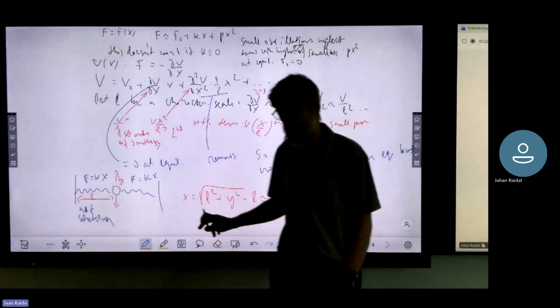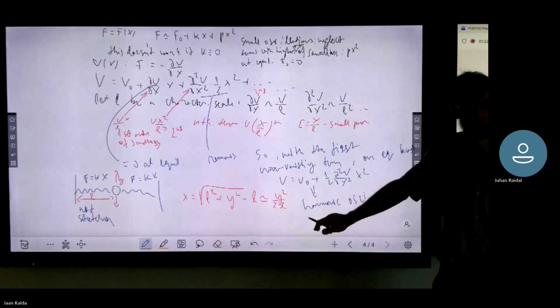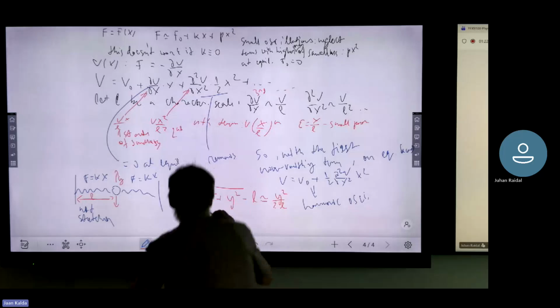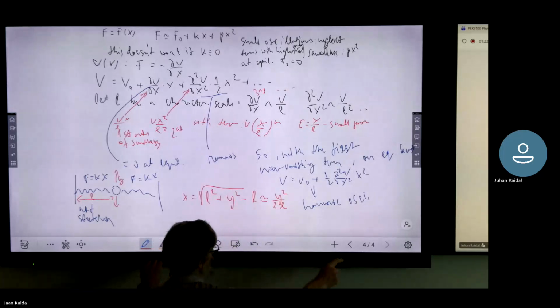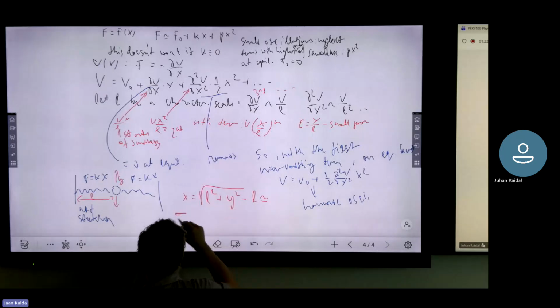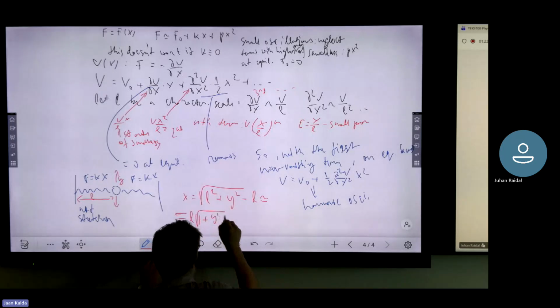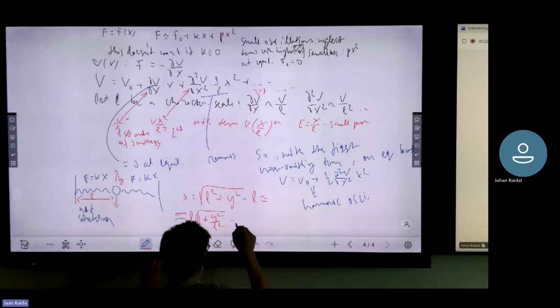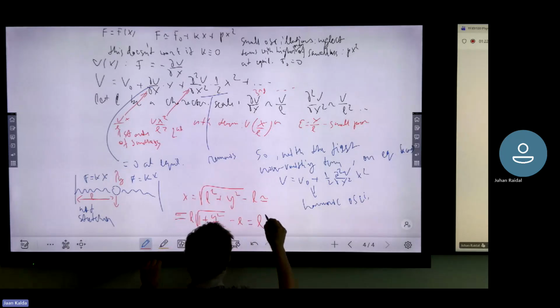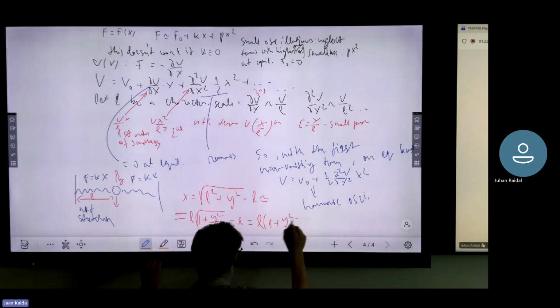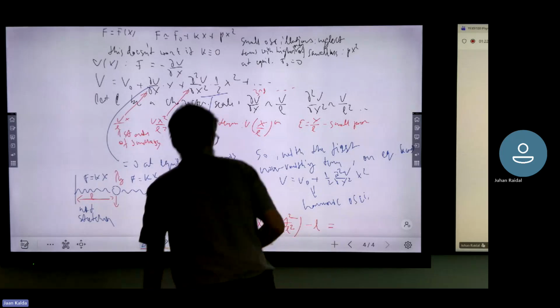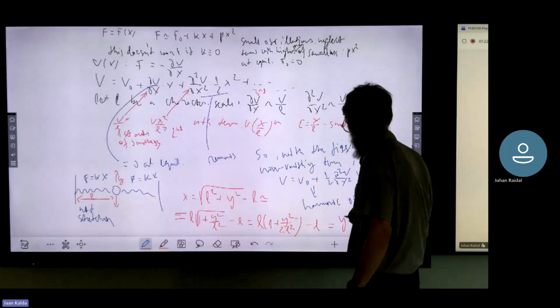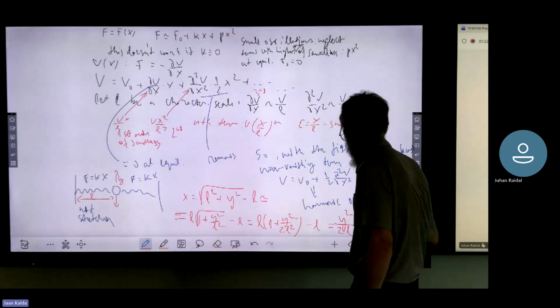So do I need to do it in more detail so it's clear now? Okay, so this equals L square root of 1 plus y squared divided by L squared minus L, equals L times 1 plus y squared divided by 2L squared minus L, equals y squared divided by 2L.